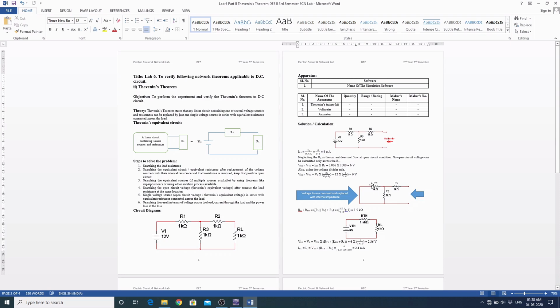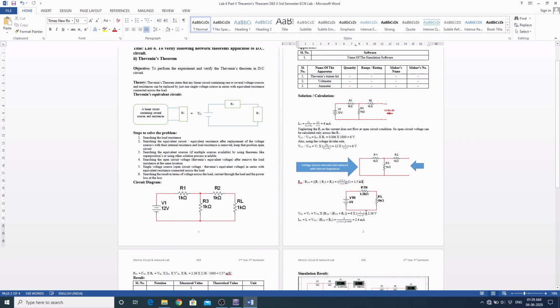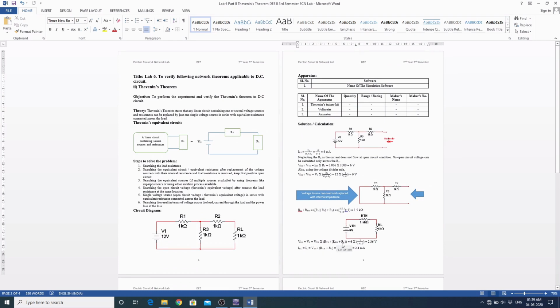R1 and R3 are in parallel, and this equivalent circuit is connected with R2 in series. So after calculation it comes to 1.5 kilo ohms.